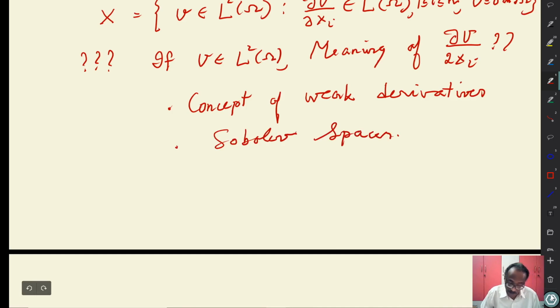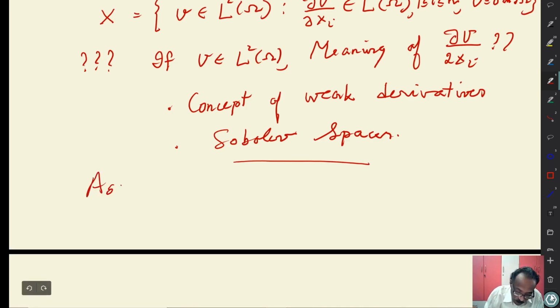Okay, so I may do a little bit about weak derivatives and weak notions in the next couple of lectures, but let me do a little more. We will stop here. So assume X is a Hilbert space.